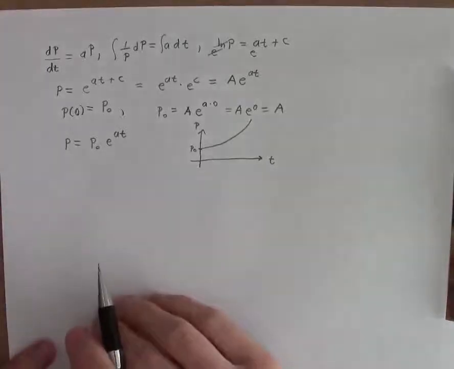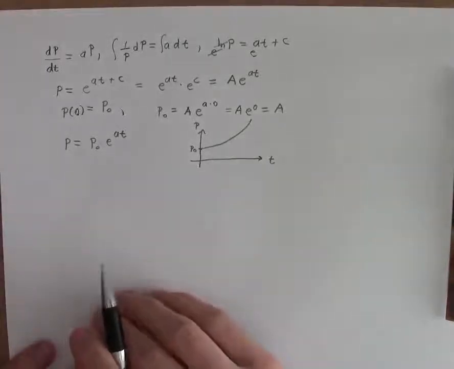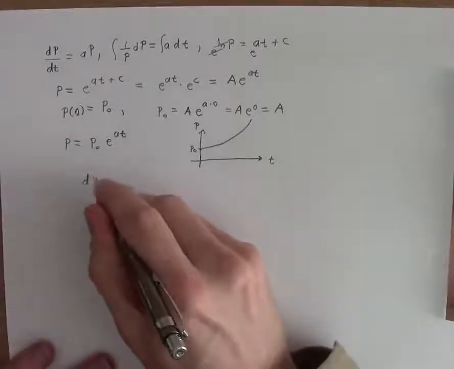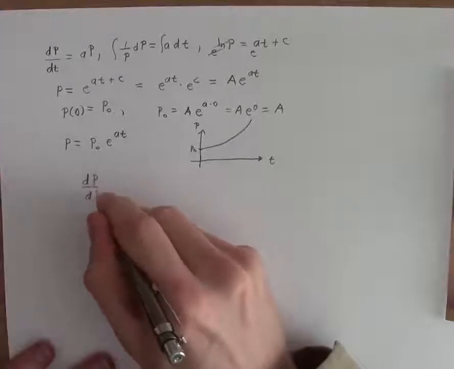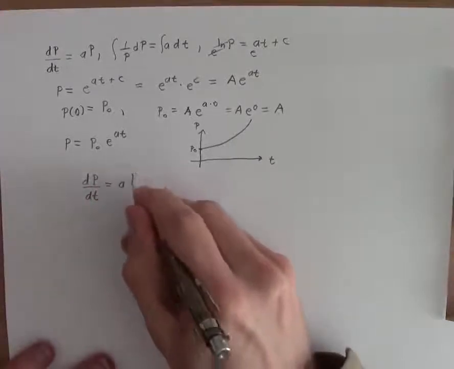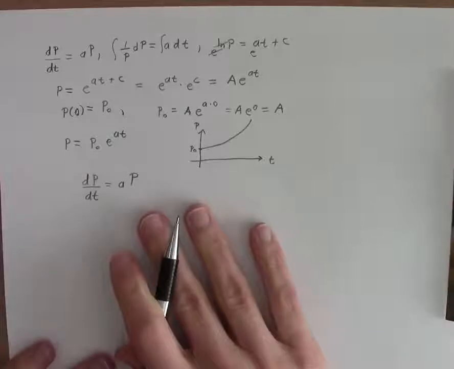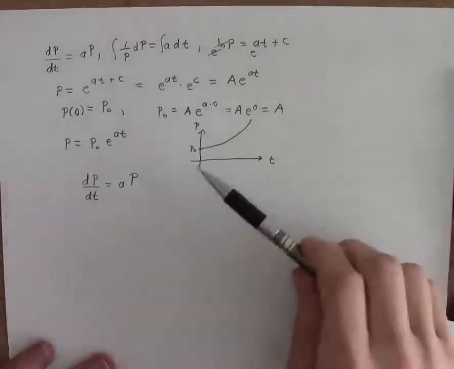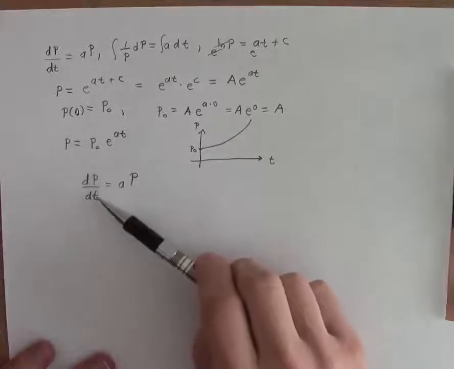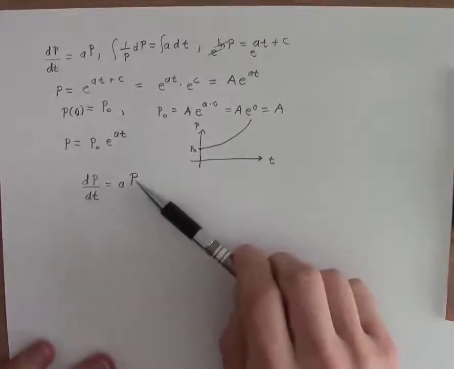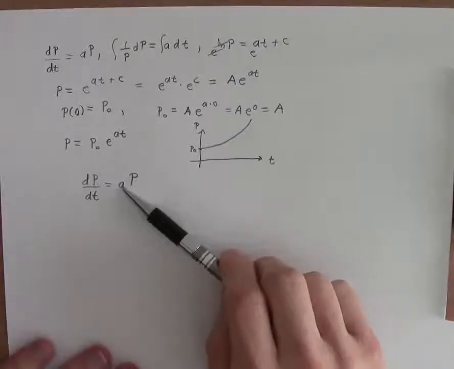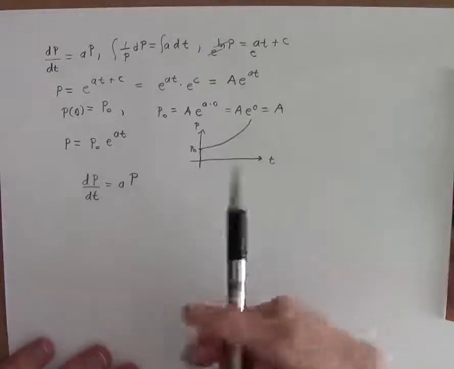There's another way of looking at the growth of this population. So let's return to our differential equation. So we began with this equation, and the basic assumptions were that the rate at which the population is growing is dependent on what the population is at the particular time, and that's just multiplied by a constant a.